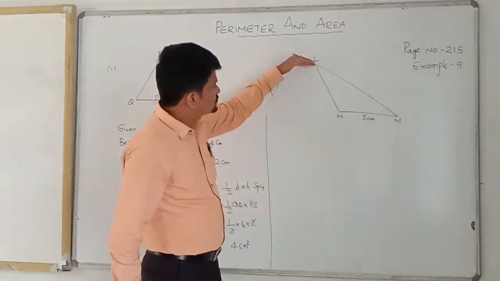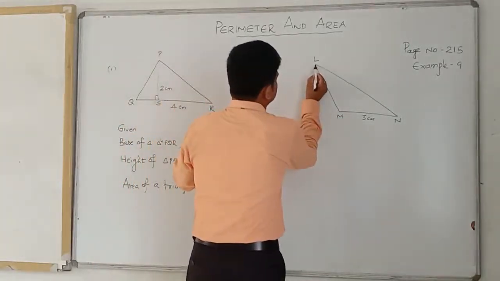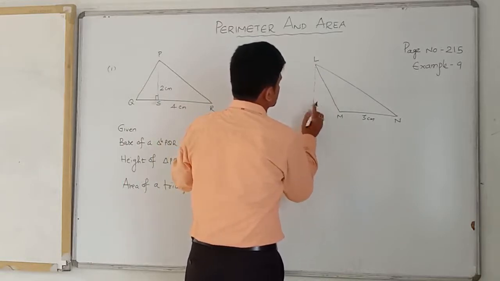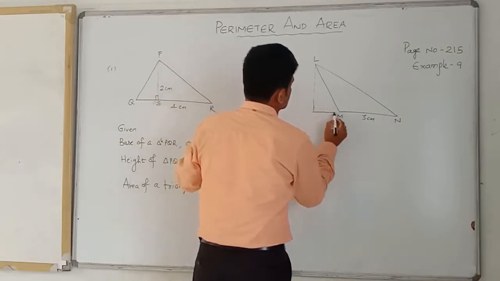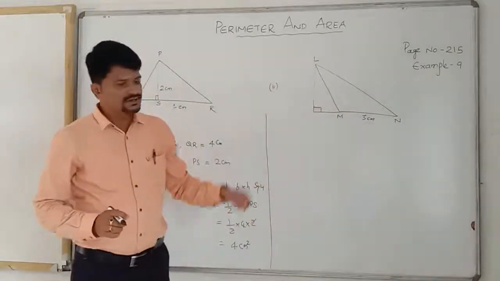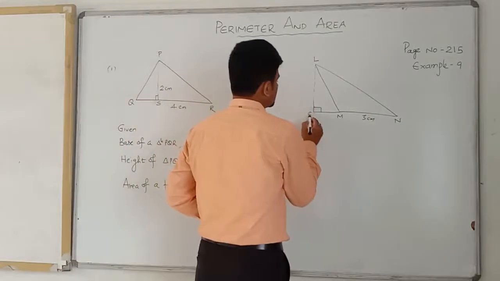From the top vertex to the base, you need to draw one perpendicular like this. So this is the height, and it is given as LO, 2 centimeters.